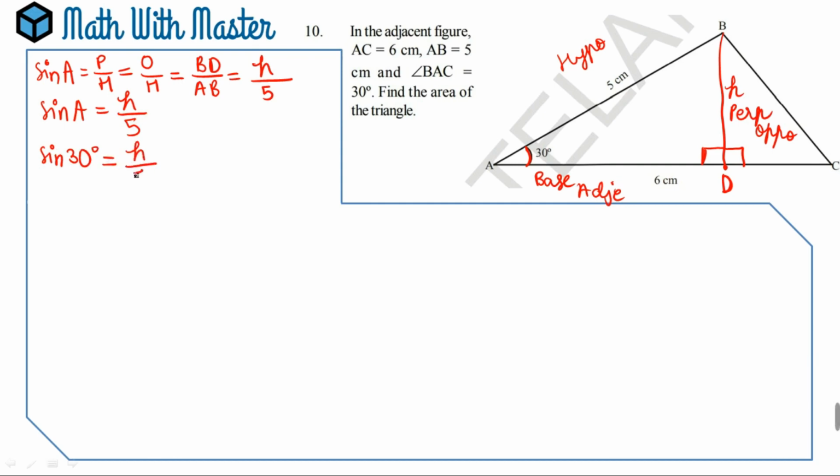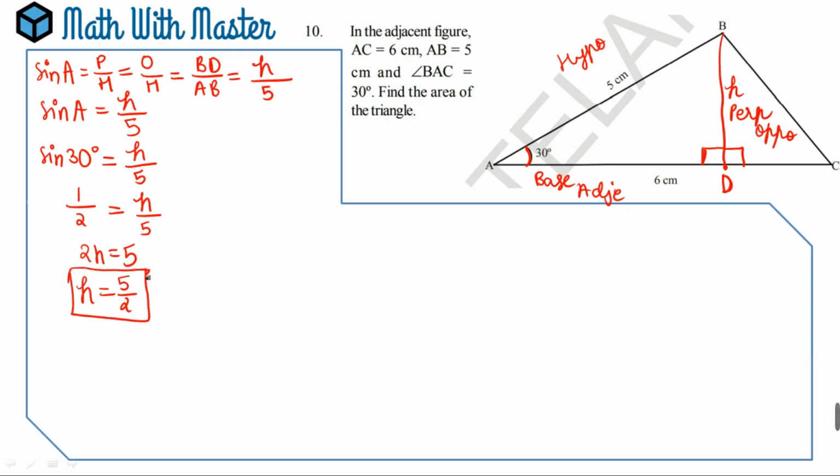So sin 30 degrees is equal to h by 5. What is sin 30 degrees? It is 1 by 2, which is equal to h by 5. After cross multiplying, we will get 2h is equal to 5, and then h is equal to 5 by 2.